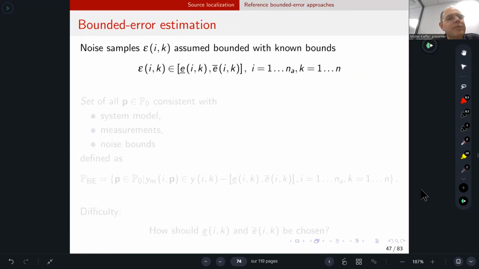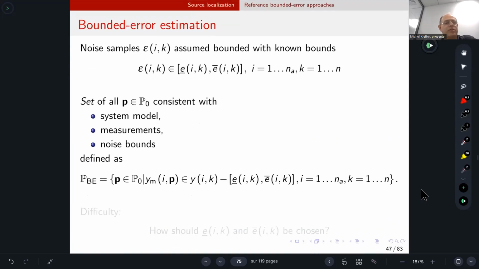For that, a reference method could be bounded error estimation. For bounded error estimation, we assume that the noise is bounded in some interval with known bounds. And what we are searching is the set of all parameters in some search area, such that the model output is included in the measurement where you have subtracted or added the noise bounds.